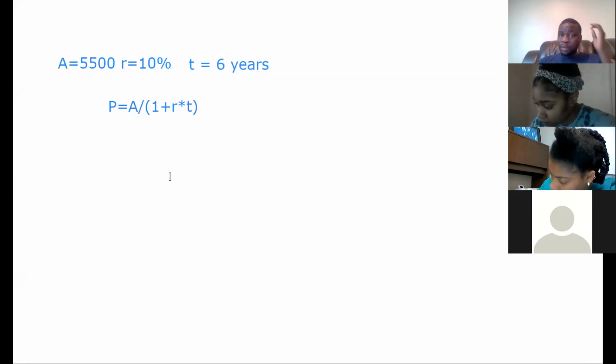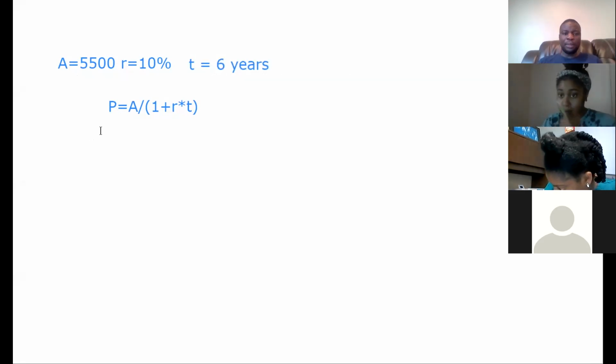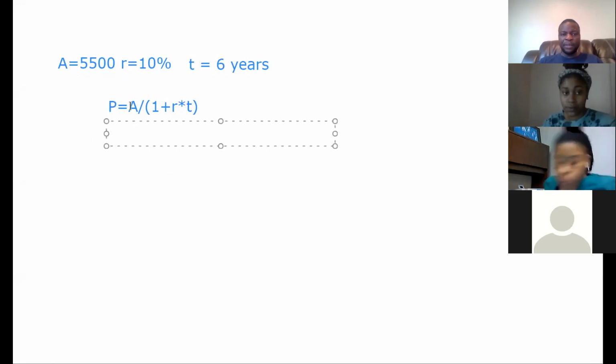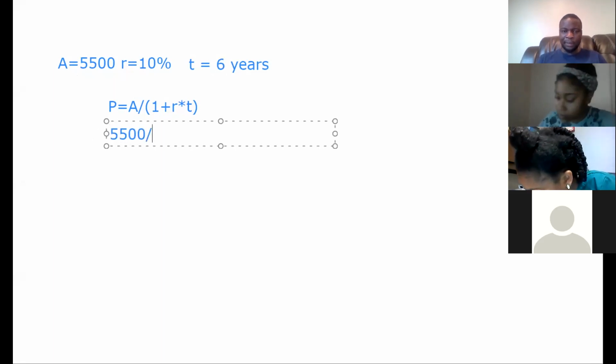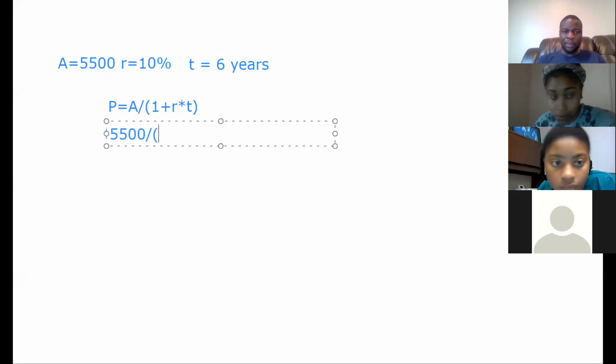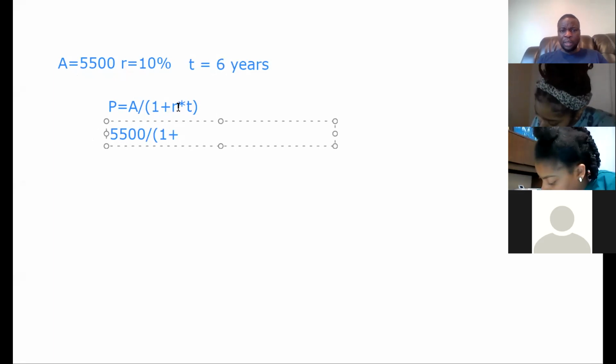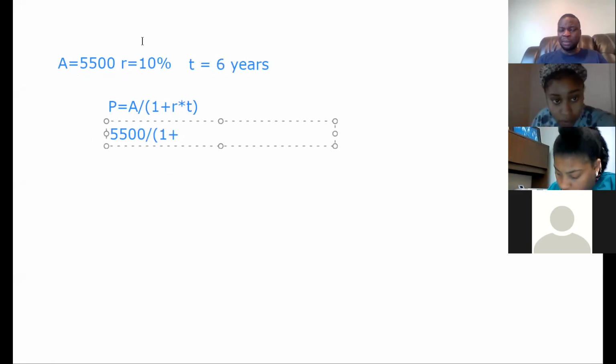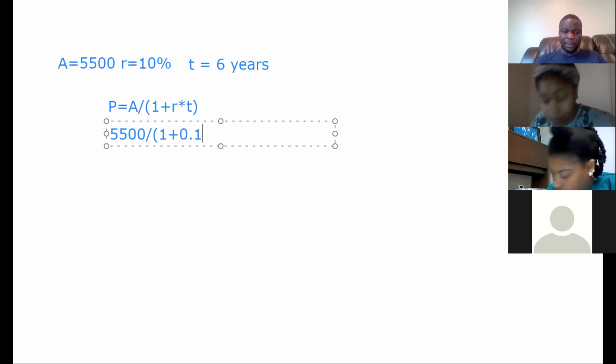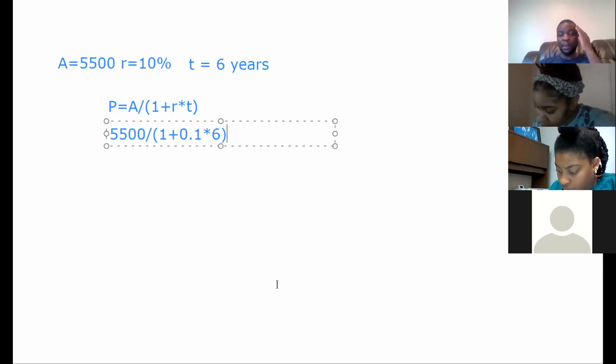So when we type this in the calculator to find the P, you start with typing your A. So you do 5,500 divided by, and as soon as you do that, you open the parentheses, you do 1 plus your interest rate R. You have to make sure this is in decimal. So 10 divided by 100 is 0.1 times T, which is 6, and then you close parentheses, and this will give you the correct answer.